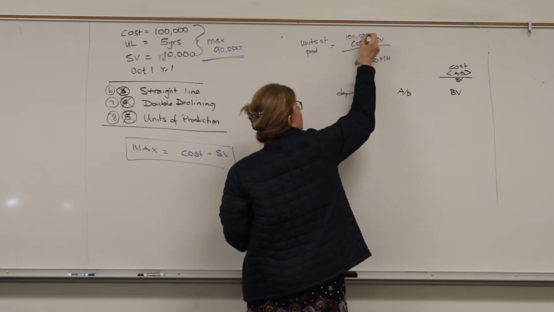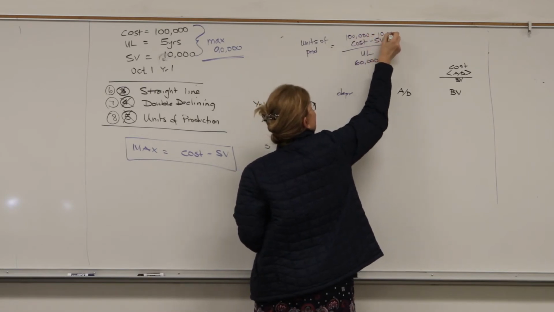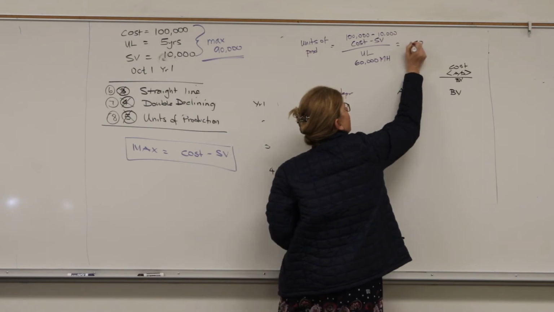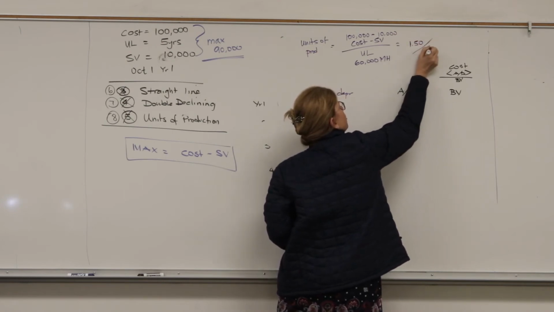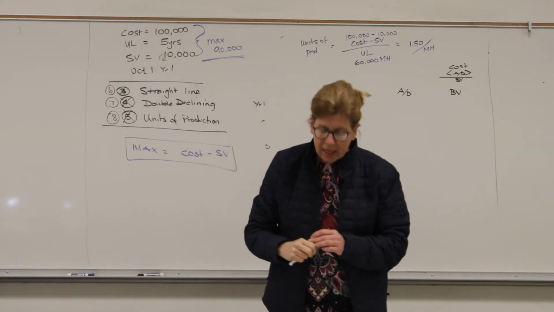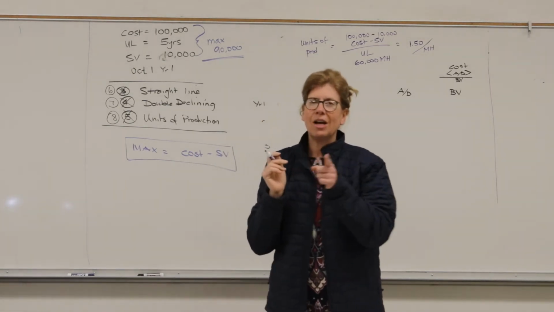Cost is still 100,000, salvage is still 10,000. Still $1.50 per machine hour. So the amount didn't change. And if you do remember, it's based on usage, not time.